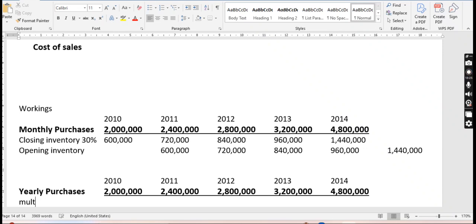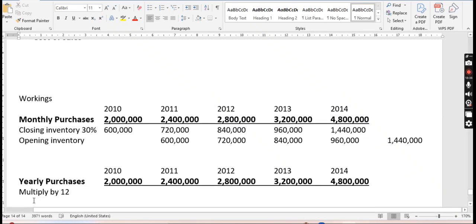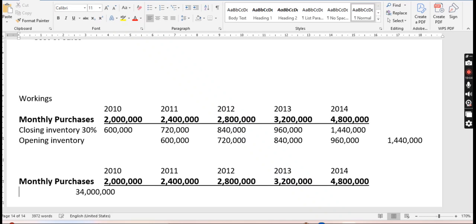Multiply by 12. So when you multiply by 12, what do you have for each of the months? 24 million. Let me copy this one. 24.